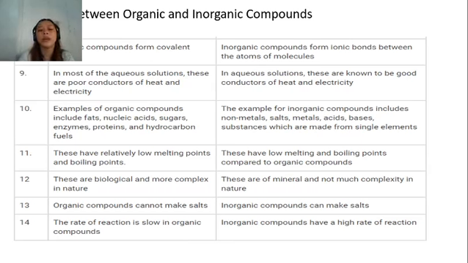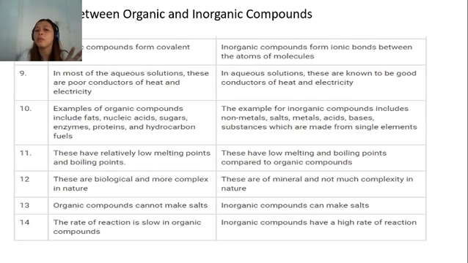Then, in most aqueous solutions, the organic compounds are poor conductors of heat and electricity. For our inorganic, they are good conductors of heat and electricity. Examples of organic compounds include the fats, nucleic acid, sugar, enzyme, proteins, hydrocarbon fuels.